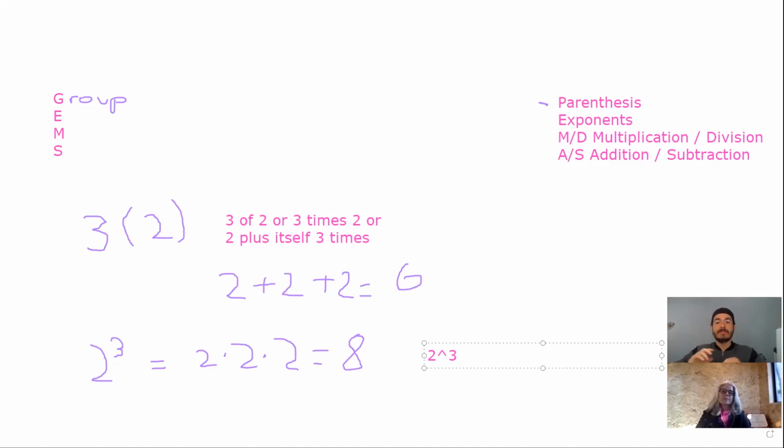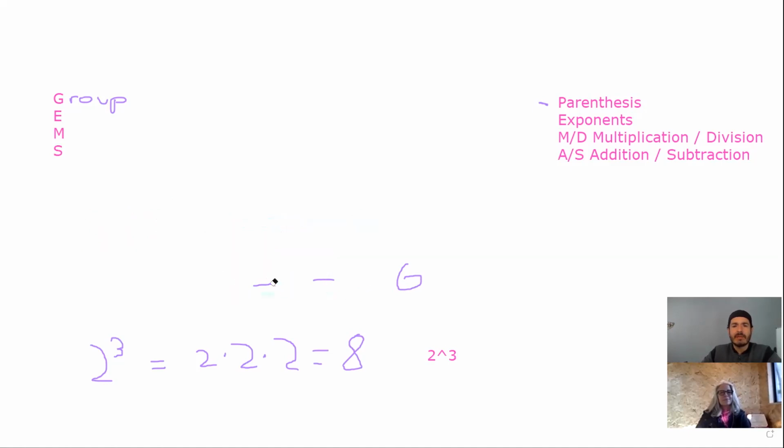So if you're typing and you can't find the superscript or it's taking too long, you can always use that notation to denote an exponent. All right, but again, we're going to come back to that. Okay, so that was the exponent game right there.